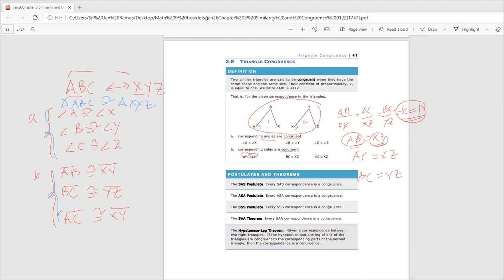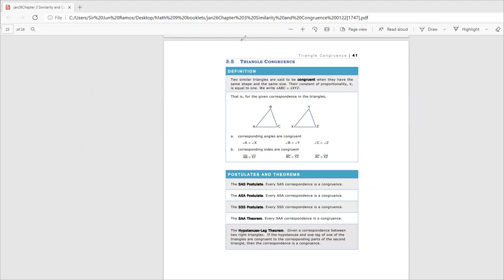In terms of similarity, we have K equals 1 for the proportional sides, which in fact gives us a perfect similarity. Perfect similarity means K equals 1 and the triangles are congruent.